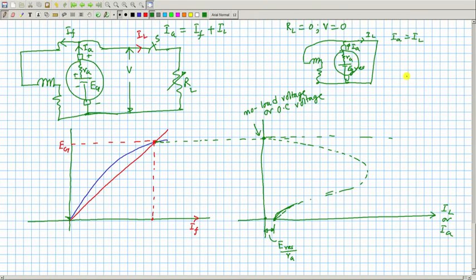IA you fix. Then I can calculate what IA RA will be. IA chosen, okay, the generator is delivering this much current. Then I can calculate the IA RA drop.